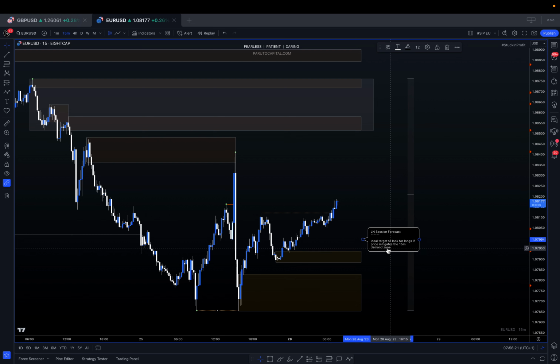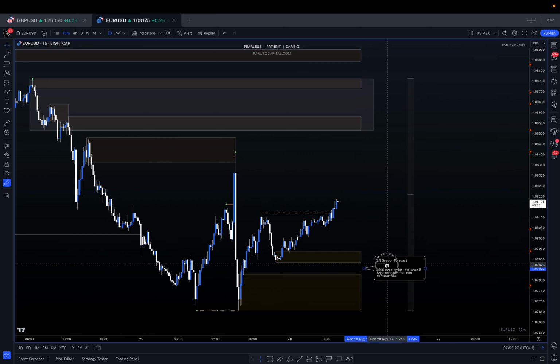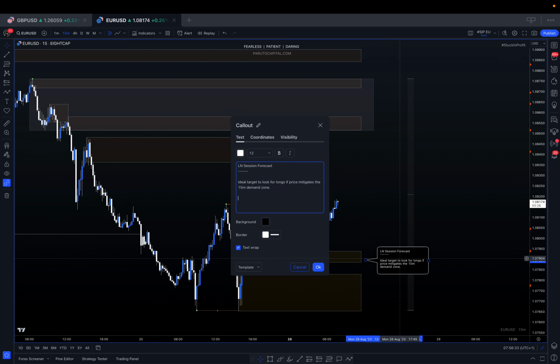So here, let me just add a comment here. Ideal here to look for longs if price mitigates to the 15-minute demand zone. I think this is cool. I'm going to leave it in place. So of course this is an ideal area, but also let me just add a note that bear in mind that price can use this area, this POI, as inducement for the demand zone below it.